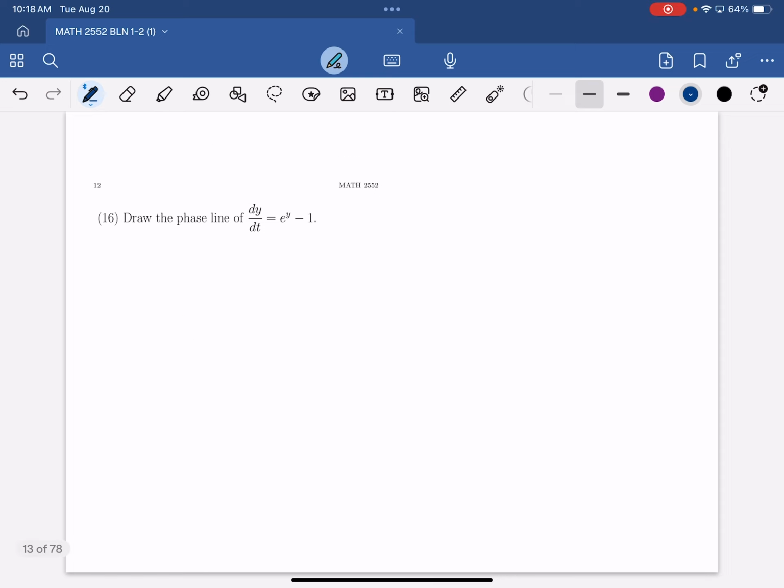Now my y prime equals e to the y minus 1. Just for the heck of it, what is y double prime? Very good. Keep that in mind. So now I'm going to use the test point method. y equals 0 is the critical point. For some y less than 0, I want to pick a candidate. I'm going to pick y equals negative 1. When y equals negative 1, my y prime is e to the negative 1 minus 1.